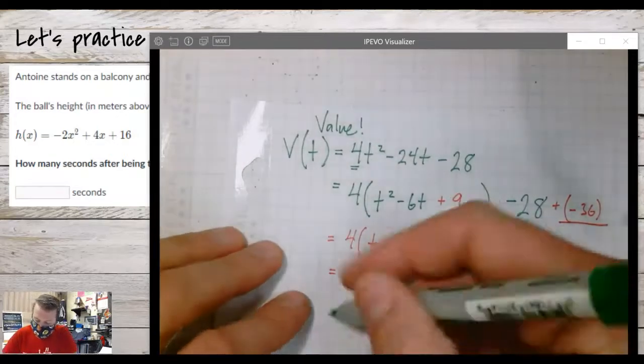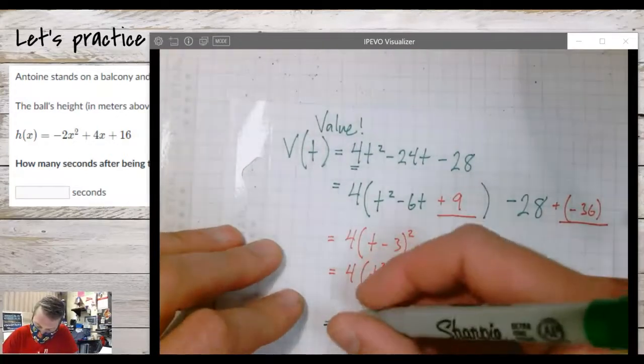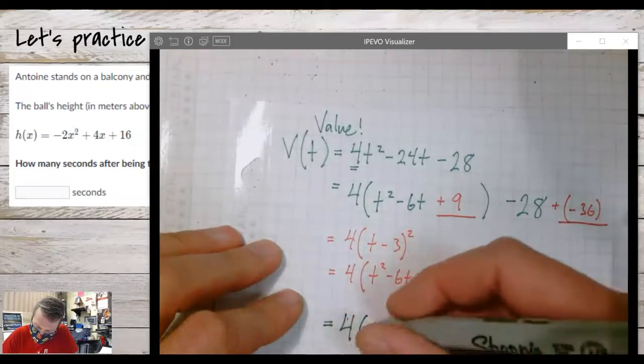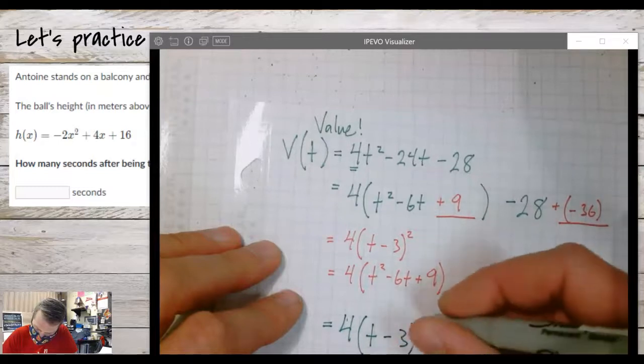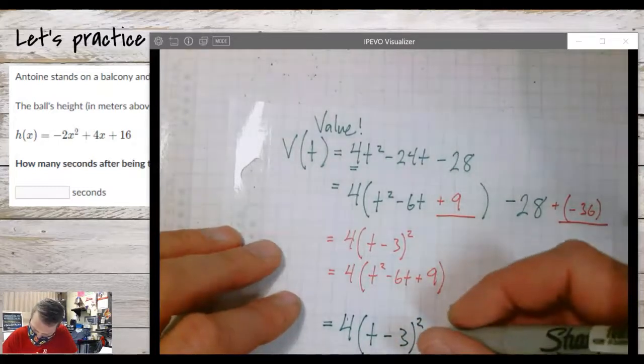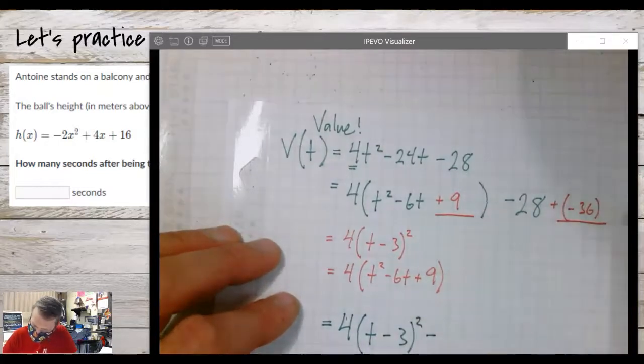So now, and this is why I'm writing in green again, because this is true again.